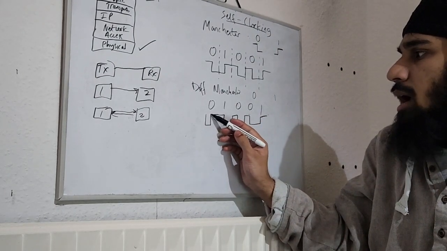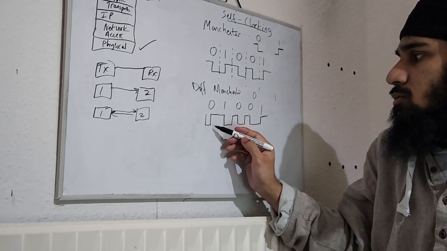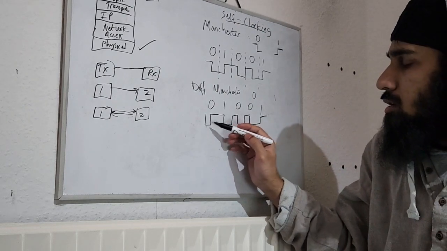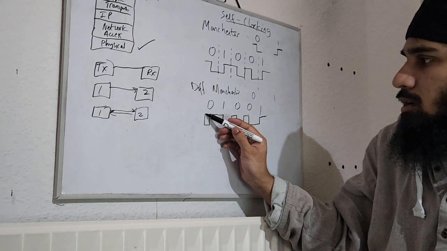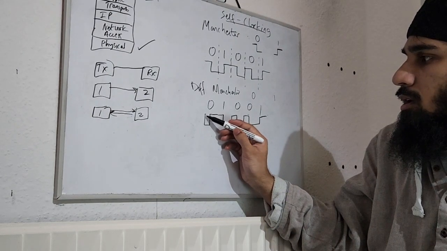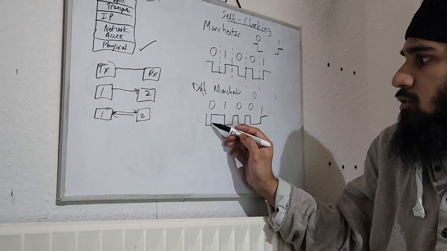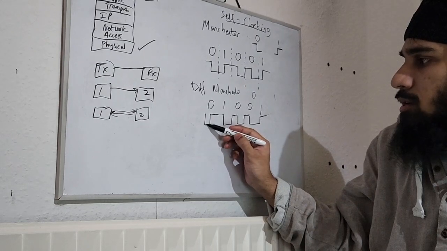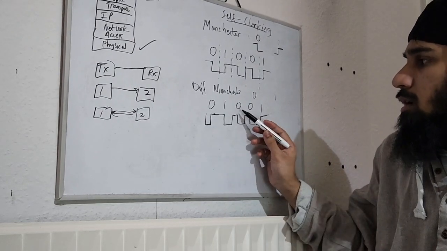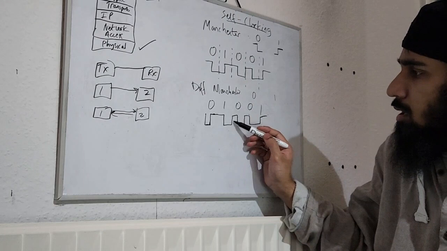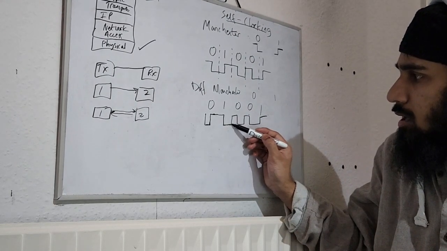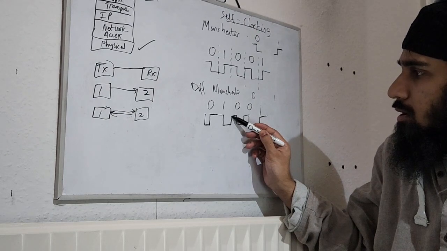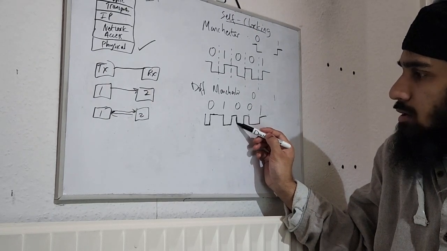Here, because it was 0, it'll go up and then down, and here because it was 1, it was going down and then it'll go up, carry on, and like that.